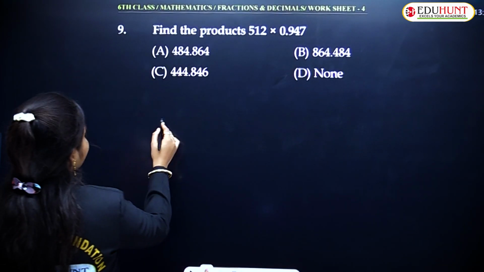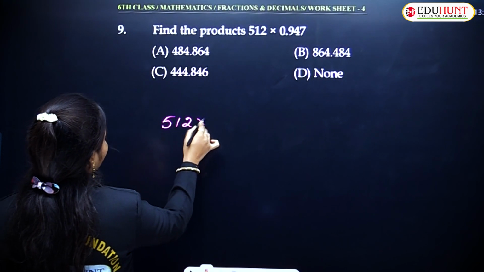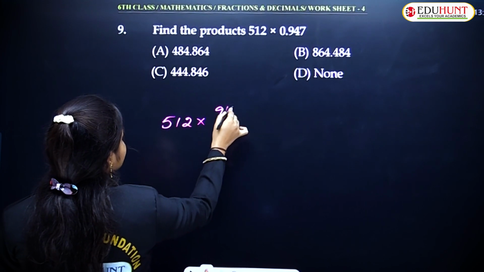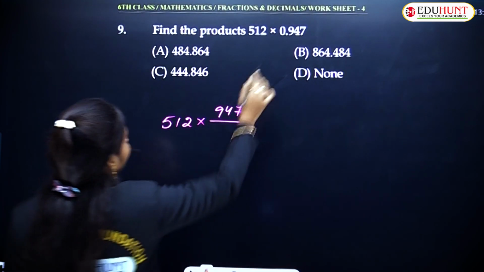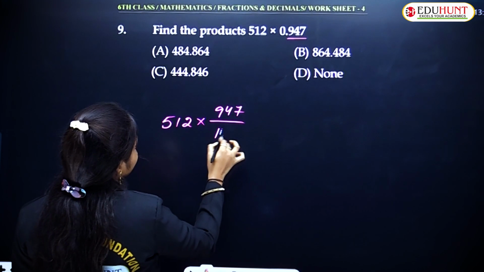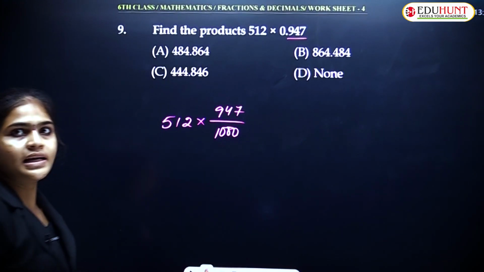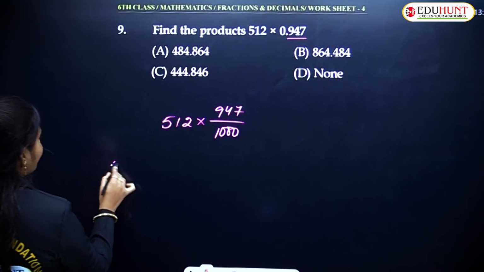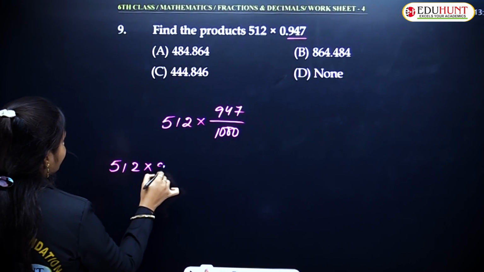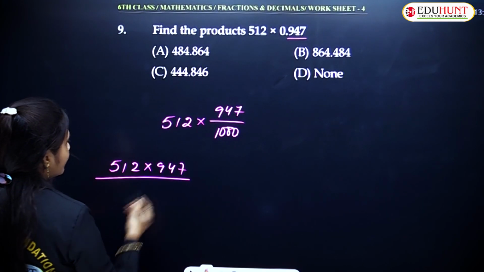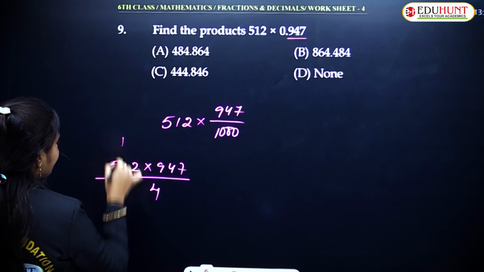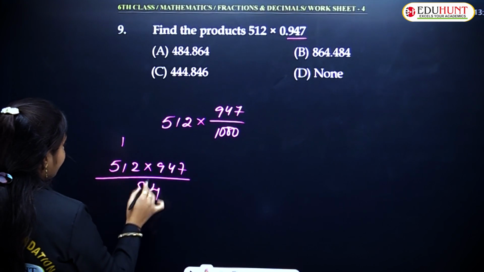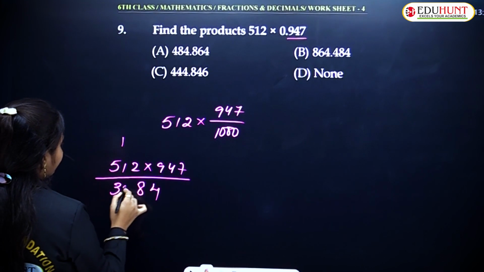Next, 9th one. Find the products. 512 into, here we can write this as 947 by, after the point 3 digits are there, no? So 1000. Okay, simply find the product of 512 and 947. So 512 into 947. Do that multiplication here. 7 2's are 14, 7 1's are 7 plus 1, 8, 7 5's are 35.